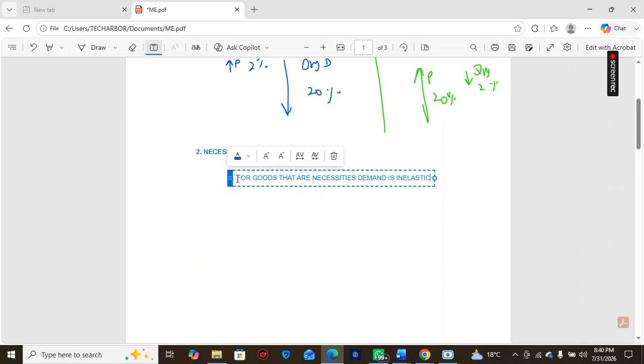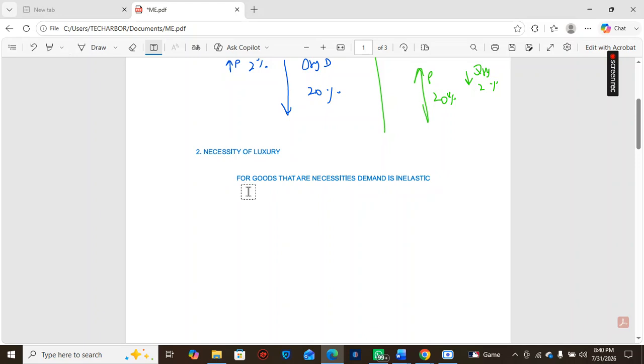For example, medicine. If you are on diabetes medicine or maybe cancer medication, that is a necessity for you to live. So if the price of that medication increases, you'll still be forced to take it, because it's a necessity you need for life.